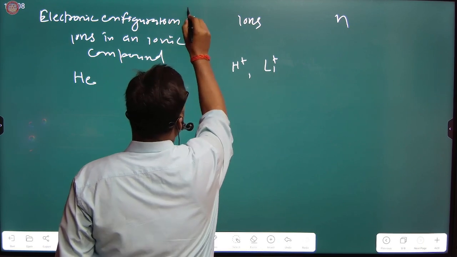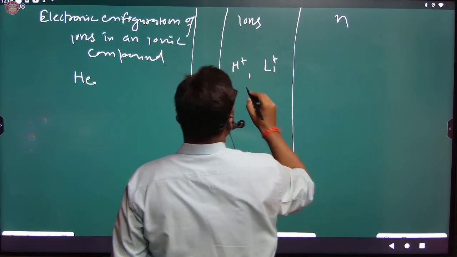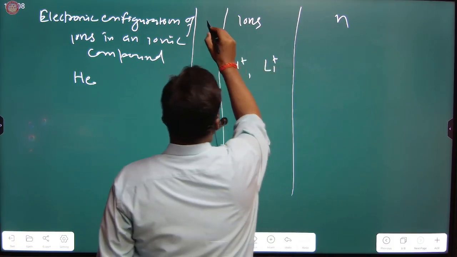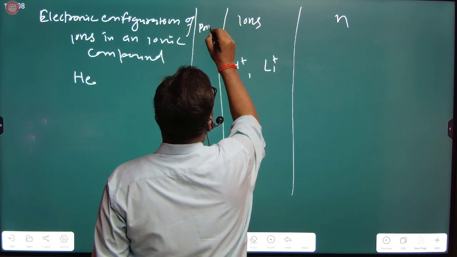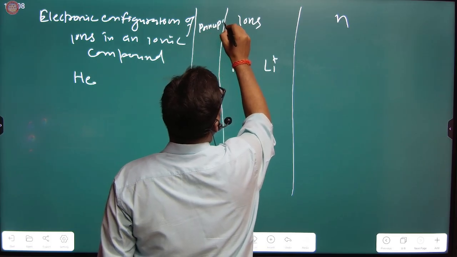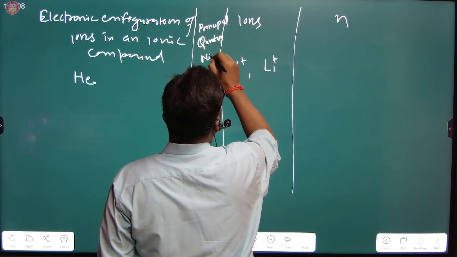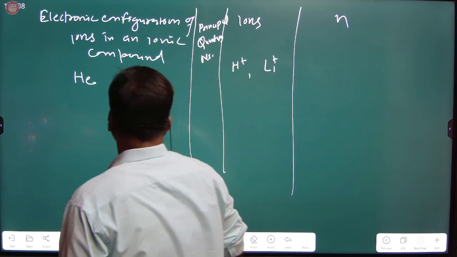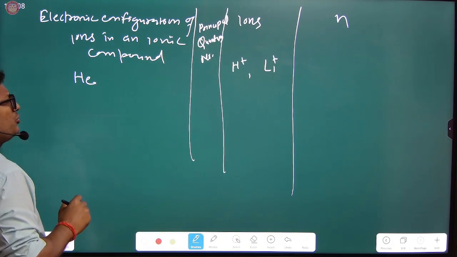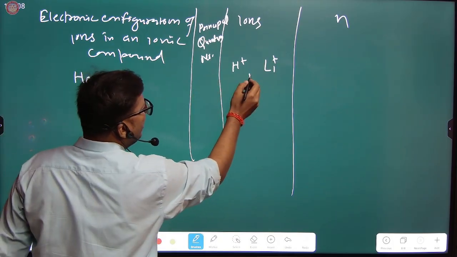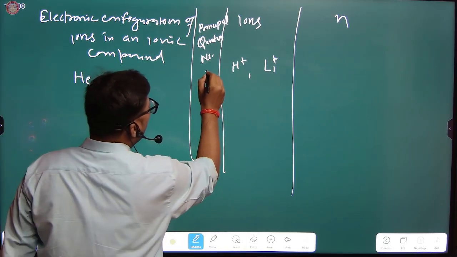The principal quantum number corresponds to the outermost shell. So in the case of H plus and Li plus, it is 1.